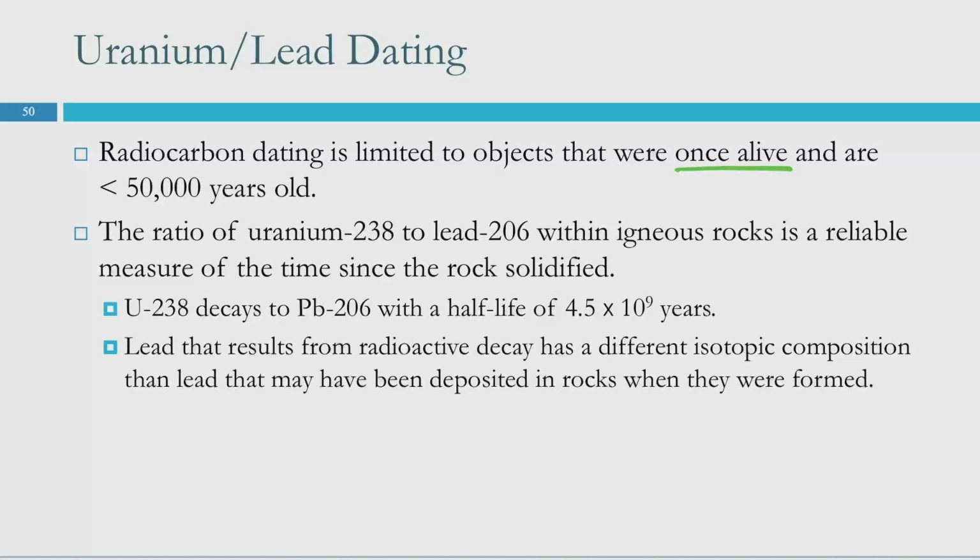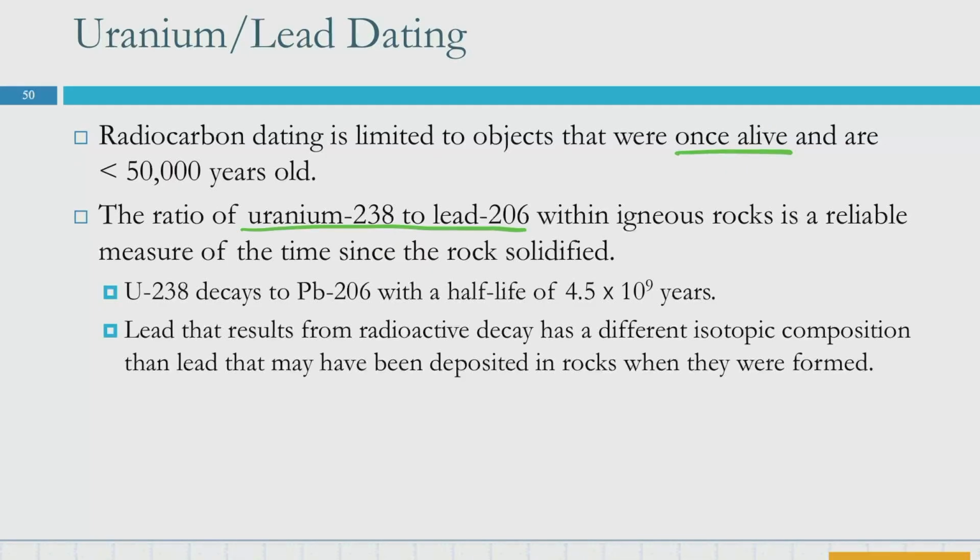If we want to work with things that are not alive, like rocks, then we can use the ratio of uranium-238 to lead-206 as a measure of time. This works for igneous rocks, which I think are from volcanoes or from lava.